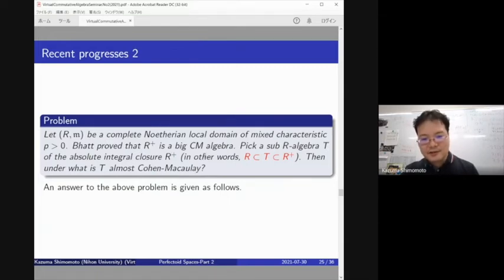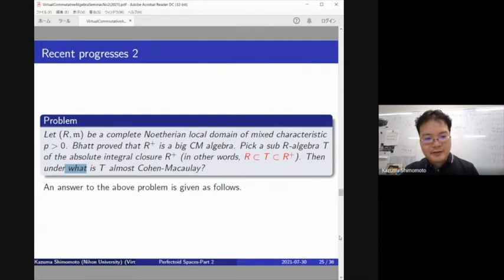So let's pick a sub-R-algebra T, namely R is contained in T and T is contained in R plus, because R plus is quite huge. Maybe R plus is close to Noetherian because it is an integral extension over R, but still T is huge. So I want to really look at the intermediate extension. Under what condition is T almost Cohen-Macaulay?